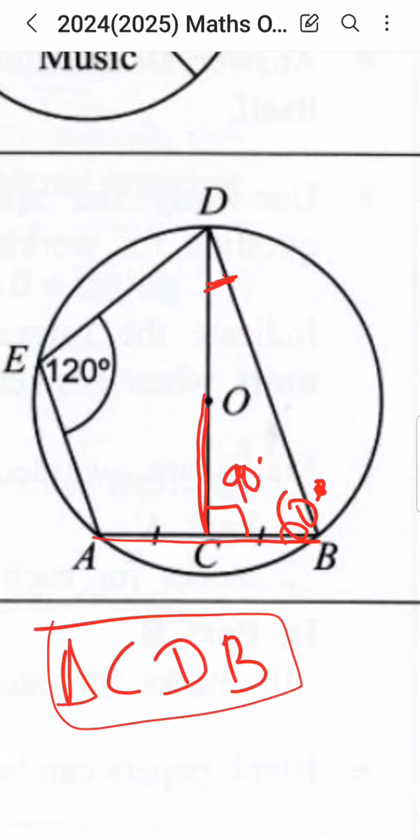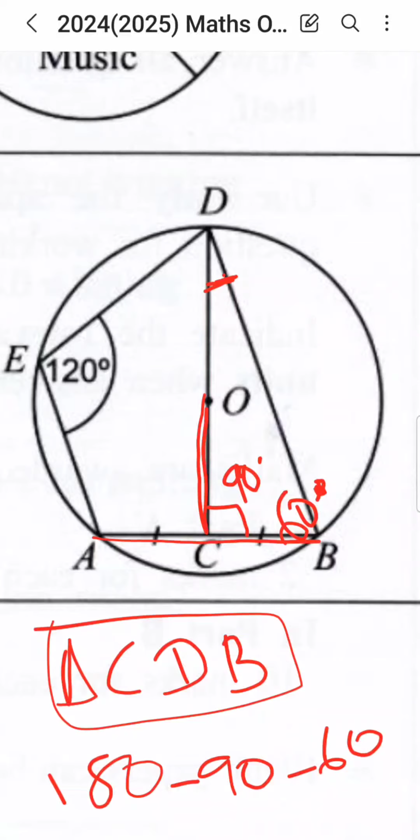And the last angle, the one the question asked, CDB, is 180 minus 90 minus 60. You have to subtract 90 and 60 from 180 to get the answer. So the answer is 30 degrees.